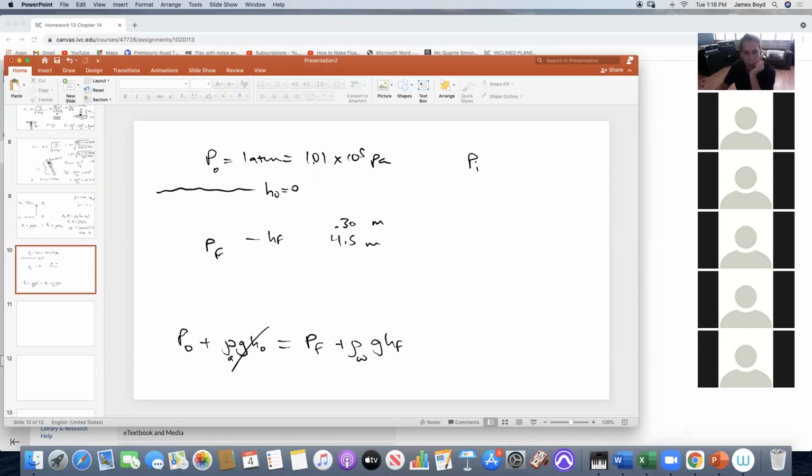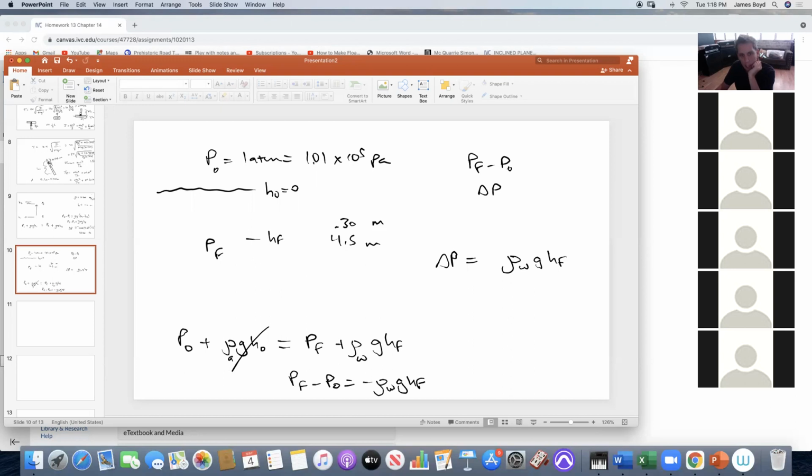So they want P final minus P initial, which is delta P, which in this case is rho of the water g h final with a negative sign. So if I move this over, what I get is P final minus P initial is negative rho g h final.